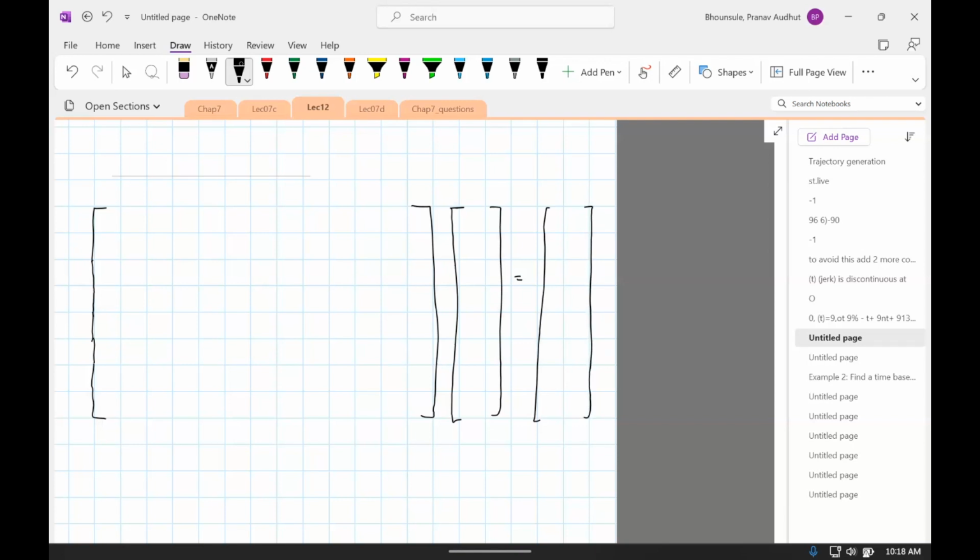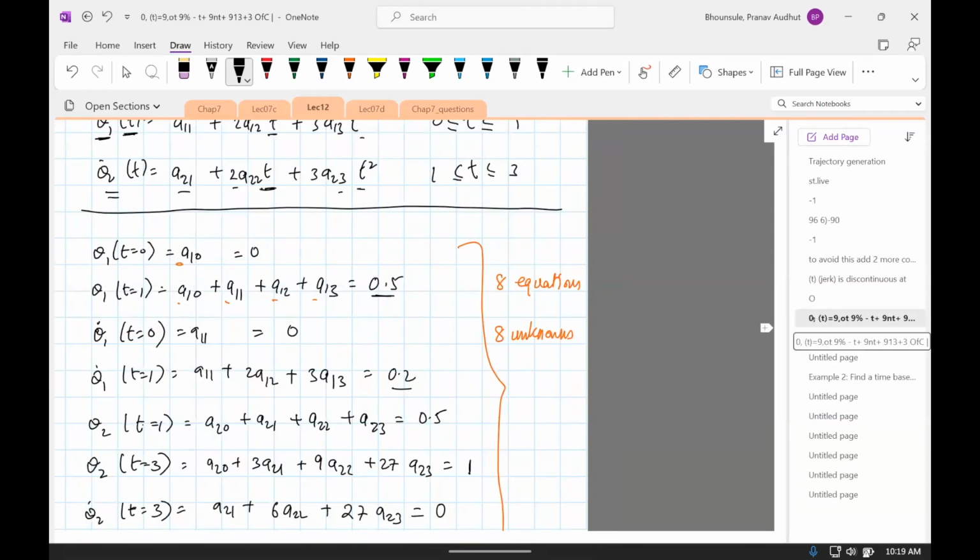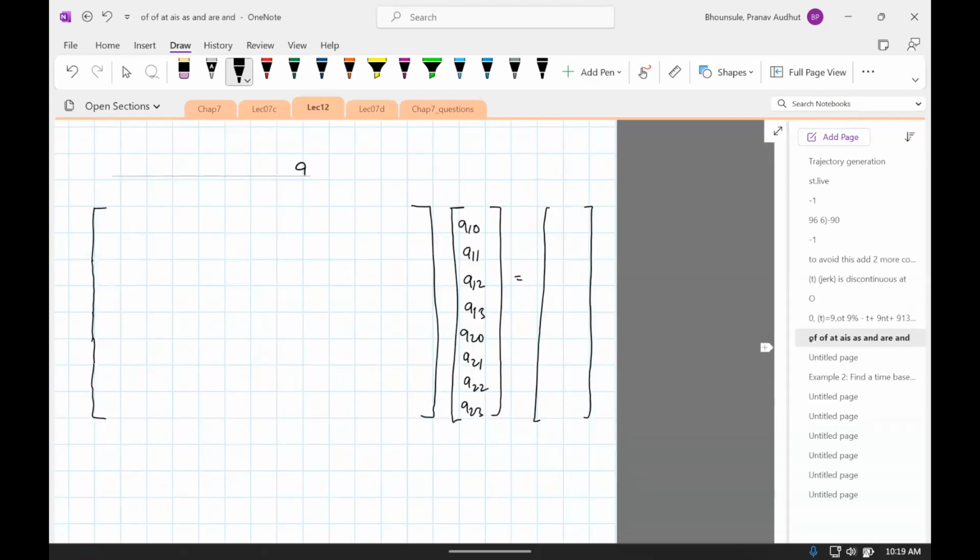Okay, so the unknowns for this would be the a's: a10, a11, a12, a13, a20, a21, a22, a23. And this is how you populate this matrix. You can see that the right hand side is 0 and the left side has a10 equals 0. So for the first one, there's a 1 in front of a10, so you'll just put a 1 here. Then that 1 is multiplied with a10, and you should get a 0.